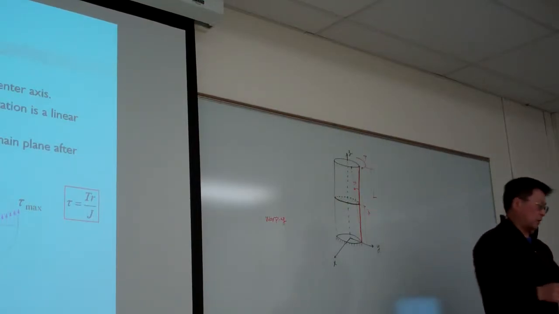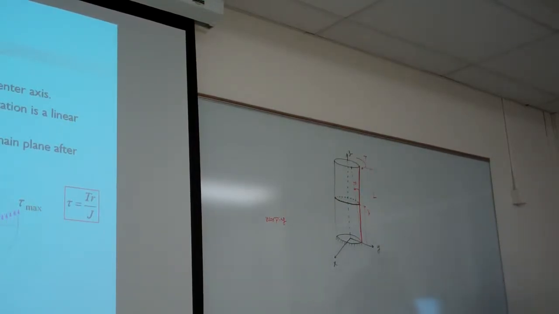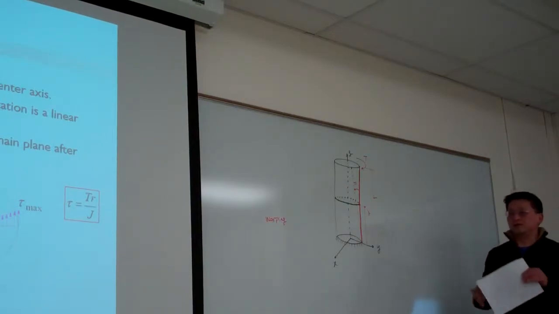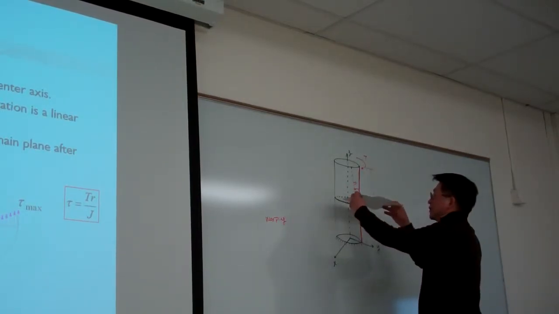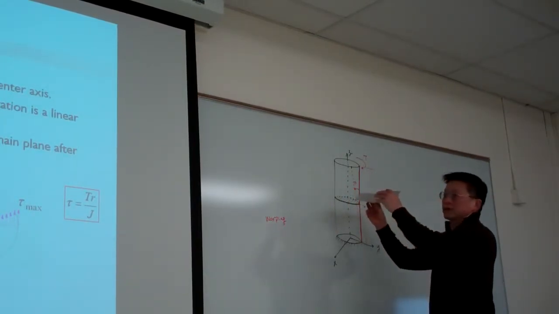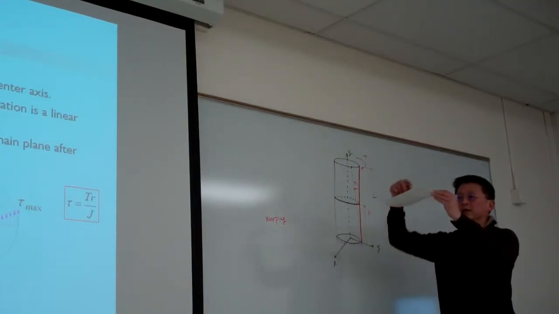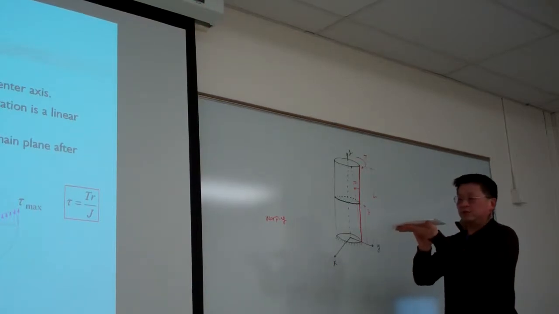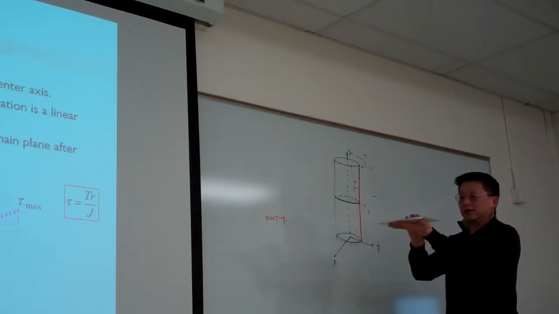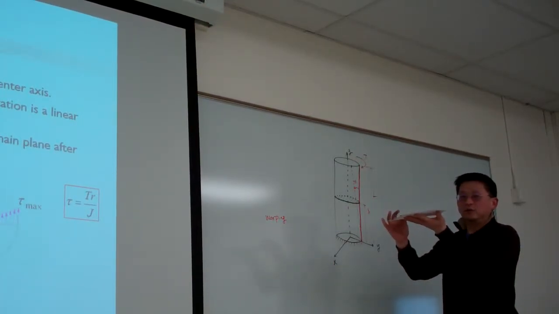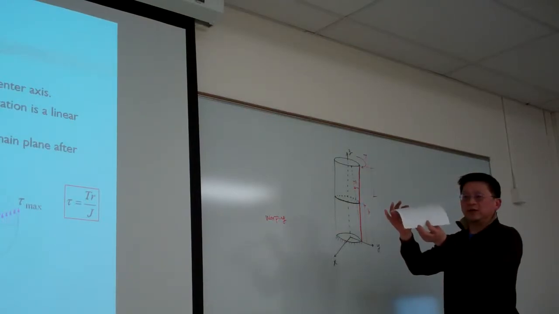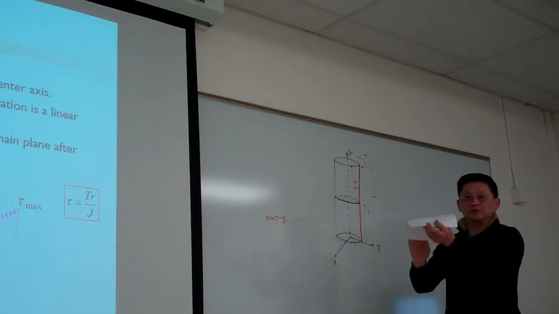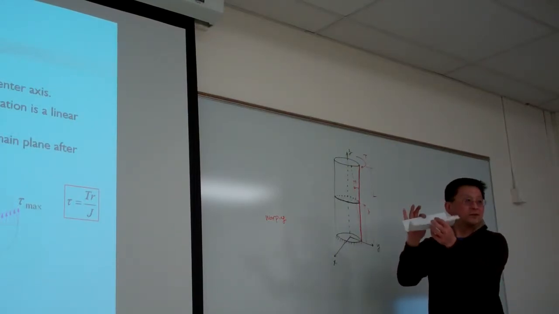Okay, so something like, if this is a cross section, and after distortion, then the warping, again, this is the z direction. Warping is, before twisting it is a plane, and after twisting, for a non-circular shaft, it would have something like this. It has the displacement in the z direction. We call it warping. Okay.